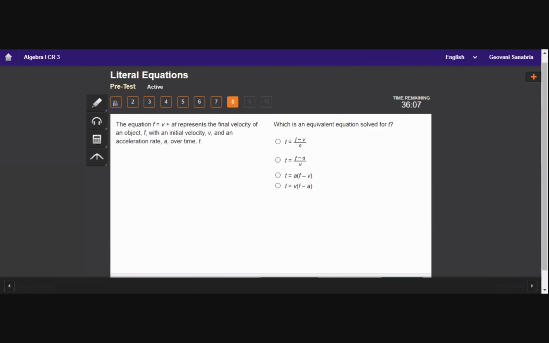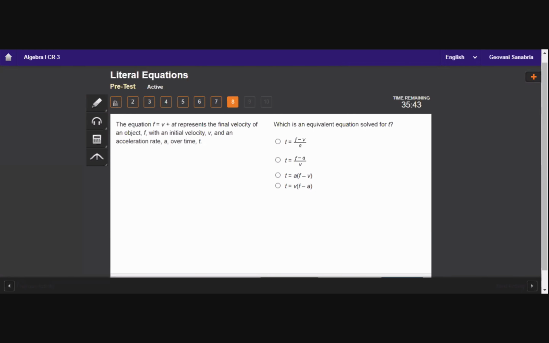And if you're trying to get T by itself, what do you have to do with that A? Gotta divide. So the way I've been doing it was divide. So you have F minus V equals AT. I would divide the right side by A and then cancel them out.